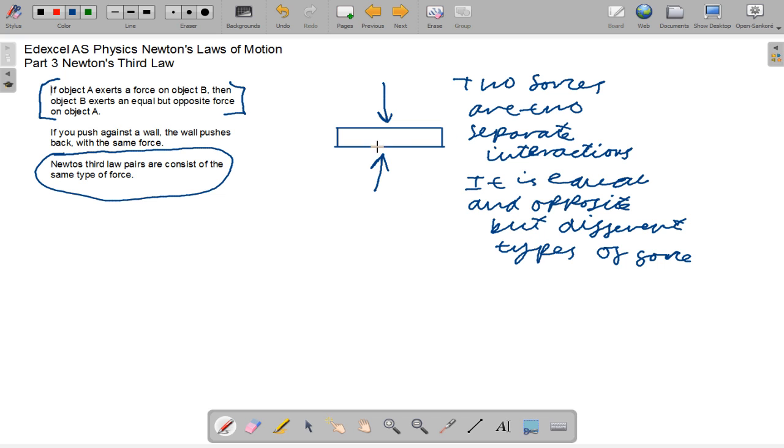Now, we'll go back to the book and the table. The book has a gravitational force, and the table pushing upwards on the book is a different force. It's not the same as the gravitational force.